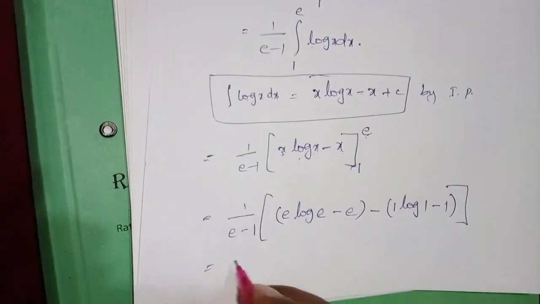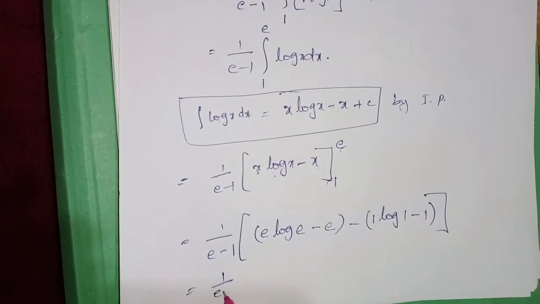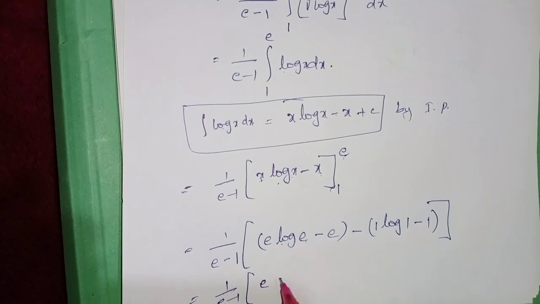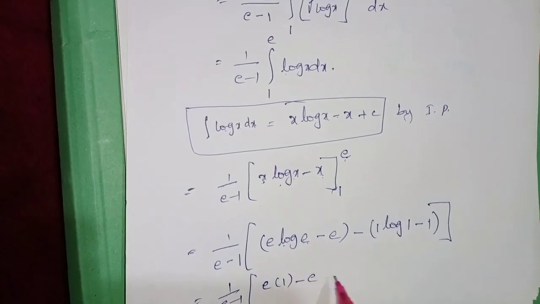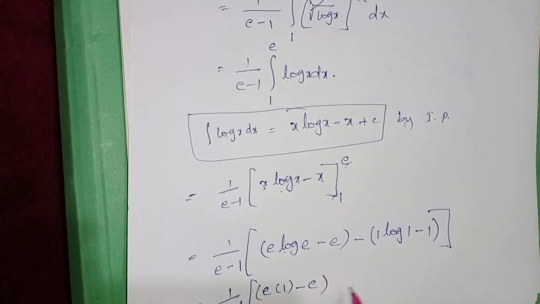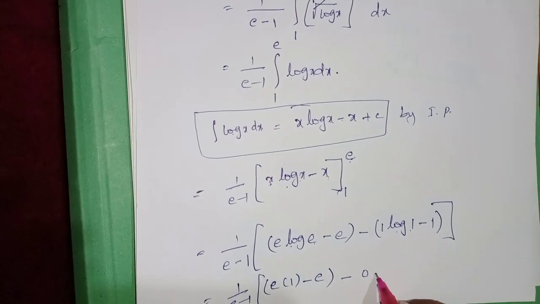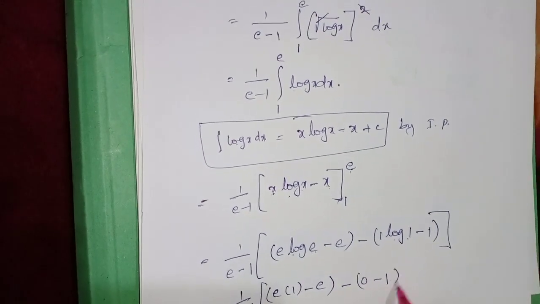That is equal to 1 by e minus 1 into e log e, and log e value is 1 because it is natural logarithm, minus e, minus log 1 value is 0, minus 1.